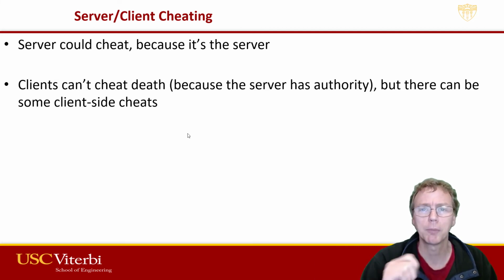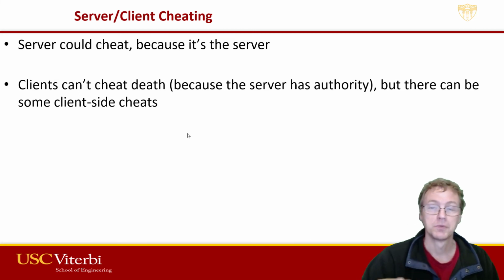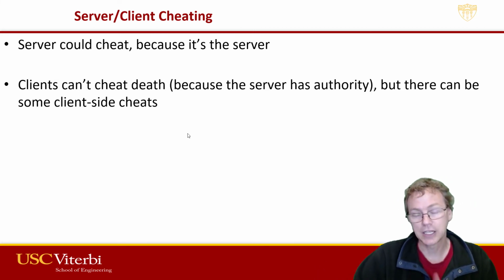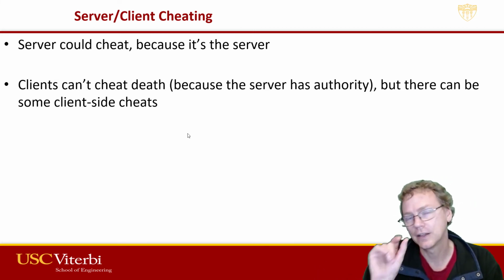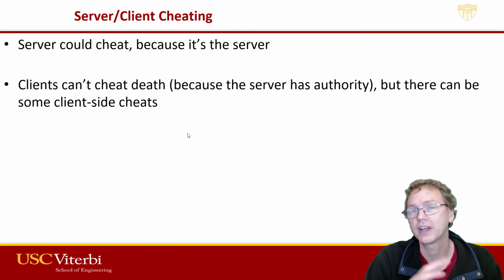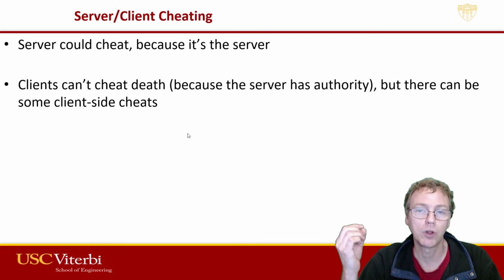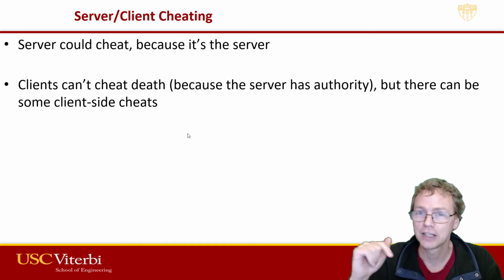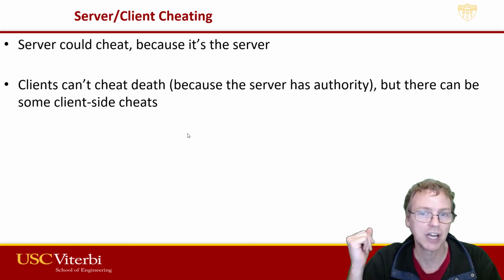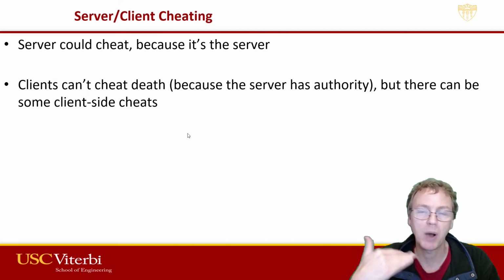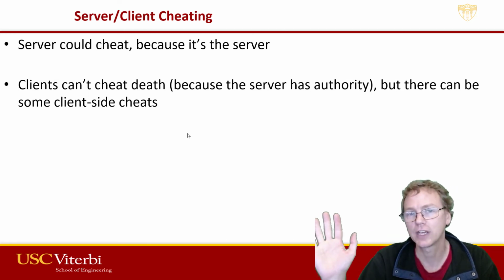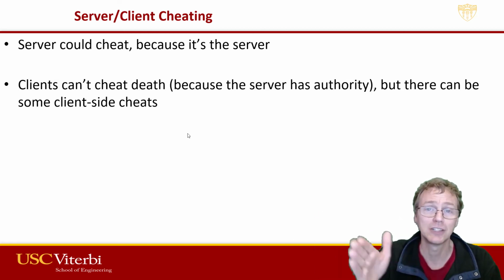Like, for example, I could do the headshot. I could get in and hack the code that does the headshot calculation so that I never miss. I just have to press F1, and that will automatically headshot the other player every time, no matter where I am. You just bypass all the collision code, the line of sight detection code, and just do a headshot.